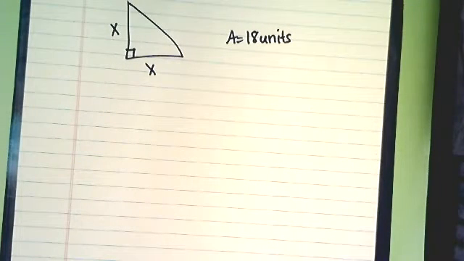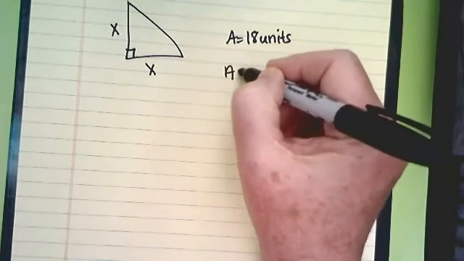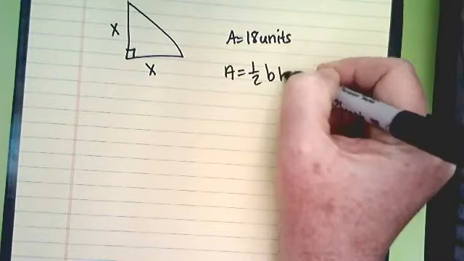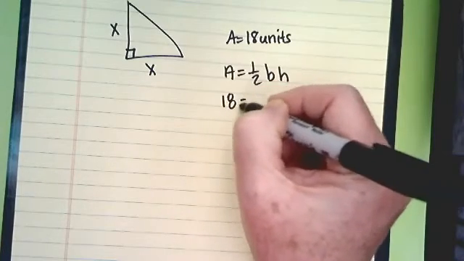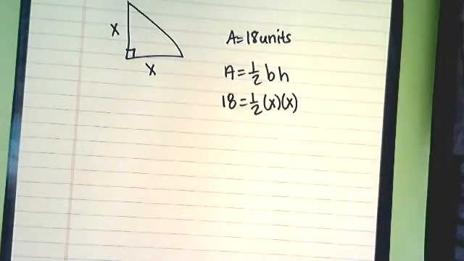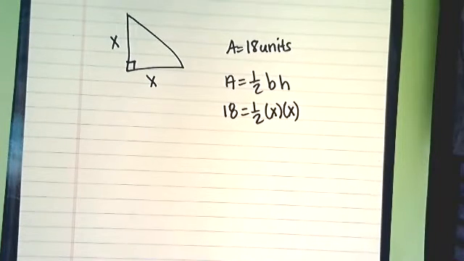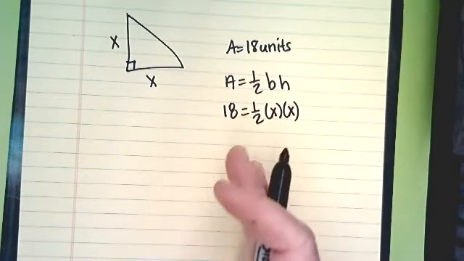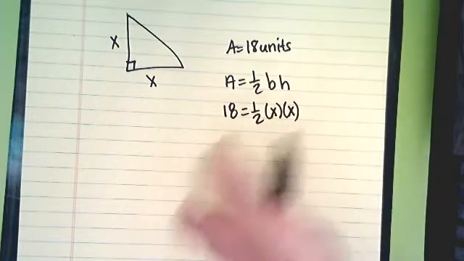They are the same variable, right? Okay, so let's just move forward like we have been doing. 18 equals half of X times X. Does that make sense? I can't multiply 1/2 times either one of those X's. That's not going to help me.